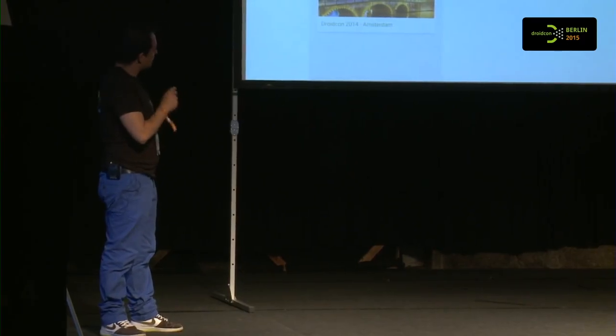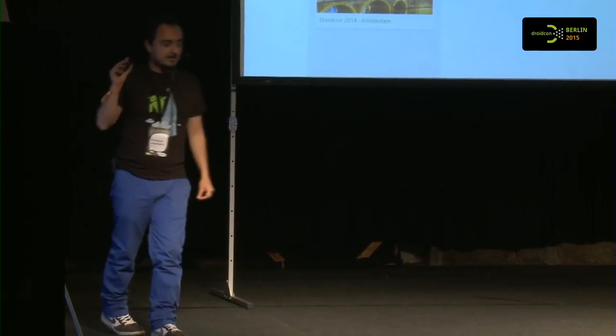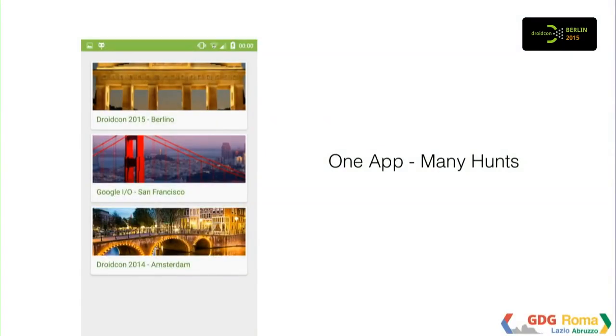And the second problem we faced was that we had to develop an app for each event. Each time we had to develop the NFC app for that event. So we rearranged the app to support a list of events.